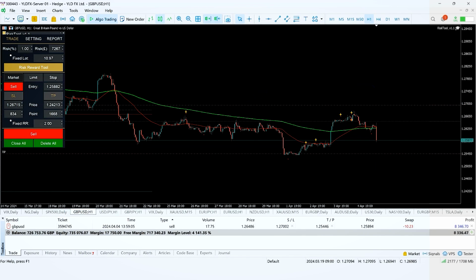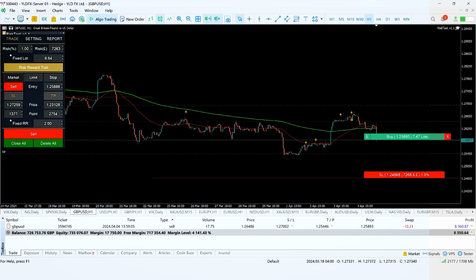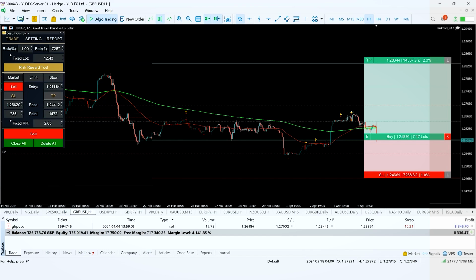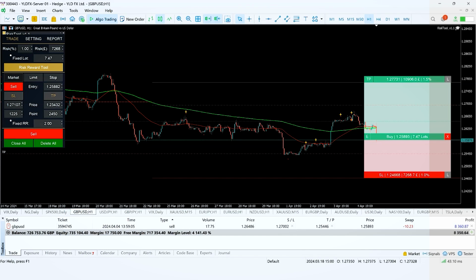So ultimately, when I use my reward to risk tool up here, I can click sells, or I can change it over to click buys, and it will then produce where I need to get a 2-to-1 on my buy. I can also change my fixed reward to risk. Let's say I only wanted a 1.5. It can then update that, and I can then also go on to settings, and I can put in partial profits, TP1, TP2, TP3 if I wanted to.